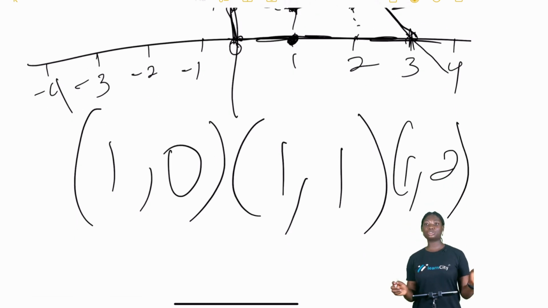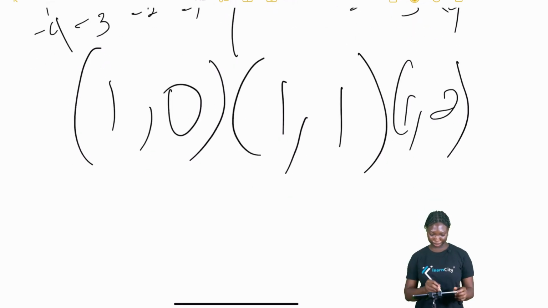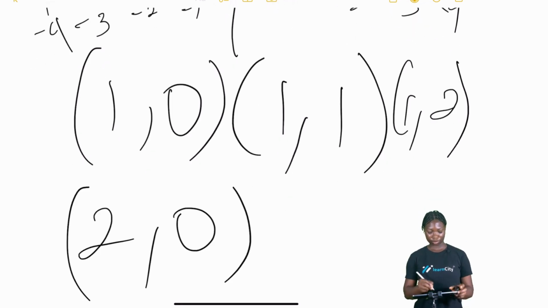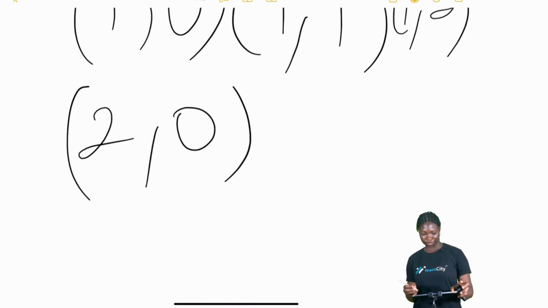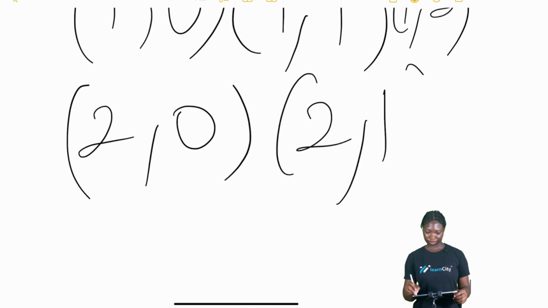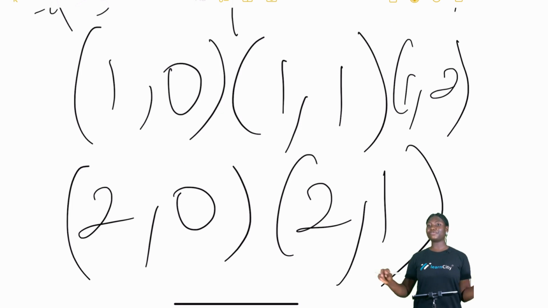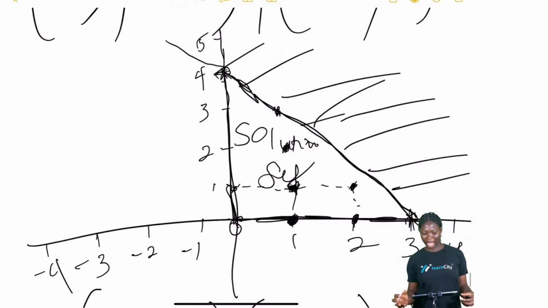We can have (2, 0), which is this point. Also, we can have (2, 1). So we have a lot of different solution sets. If we continue checking from our point, we have (1, 3).